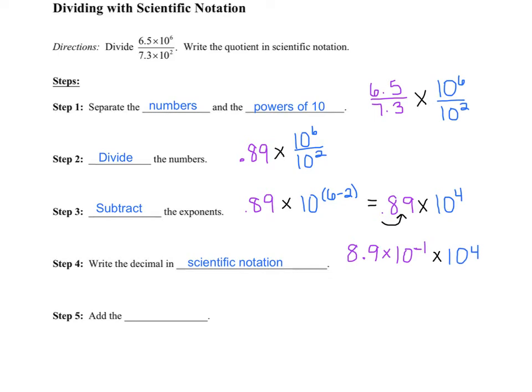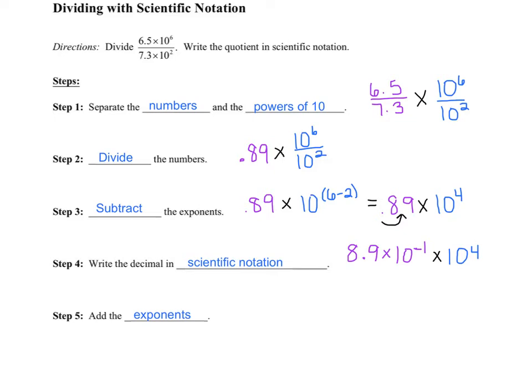And then step 5, our last step, is we want to add the exponents. So step 5, we want to add our exponents. So we have 10 to the negative 1st power times 10 to the 4th power, and we have the same base, and we multiply, we add them.